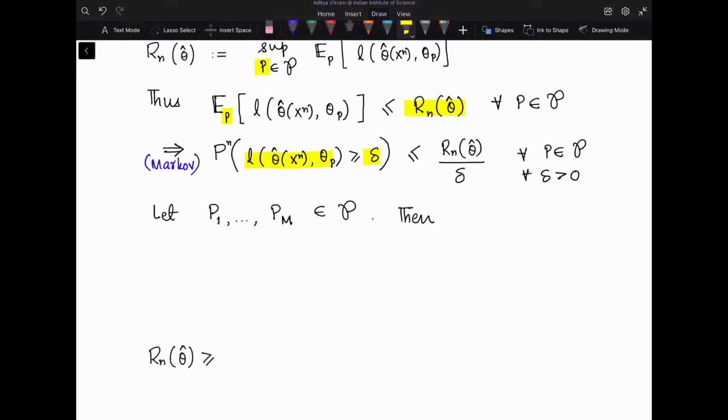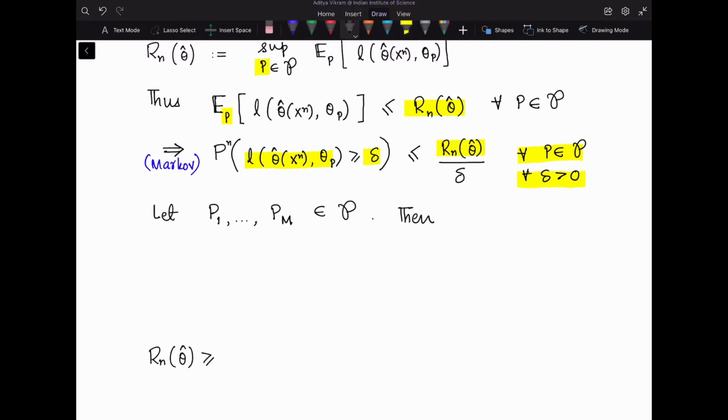This is because you have this upper bound of Rn theta hat on your expected value. Okay, so just using Markov, you get this statement, and this holds for all p's and all deltas. We can choose arbitrary delta greater than 0, and we can choose arbitrary p, and it holds for every p.